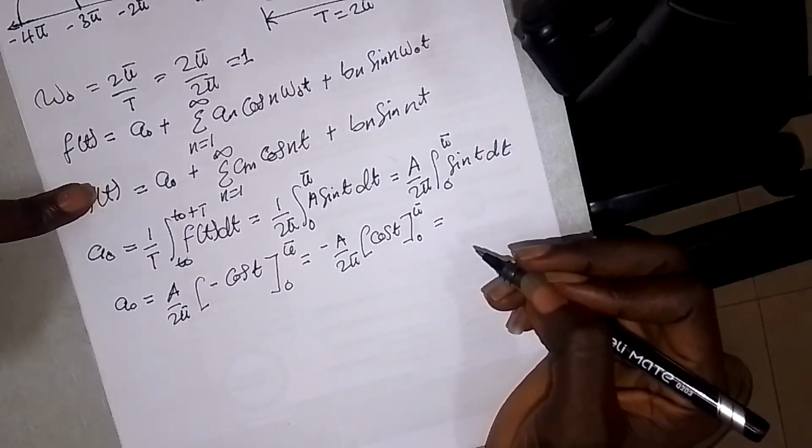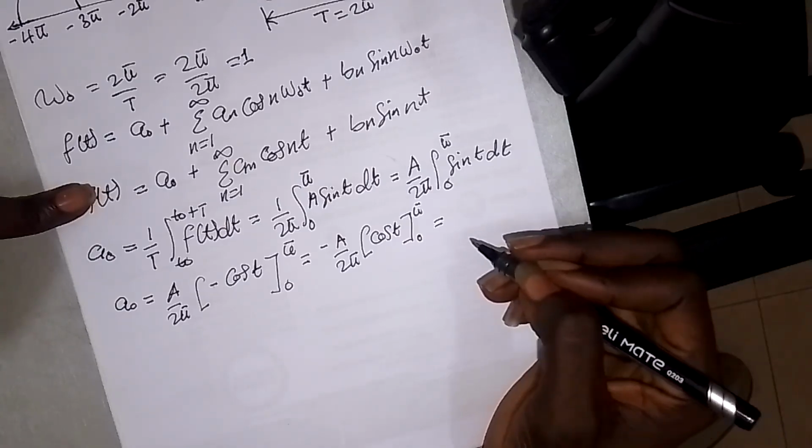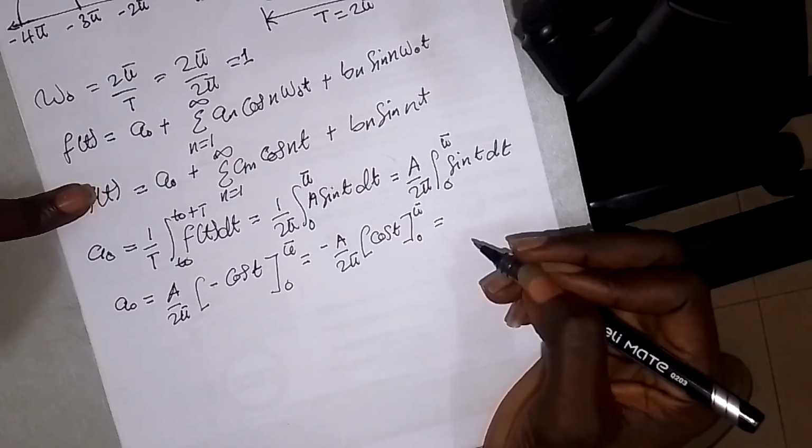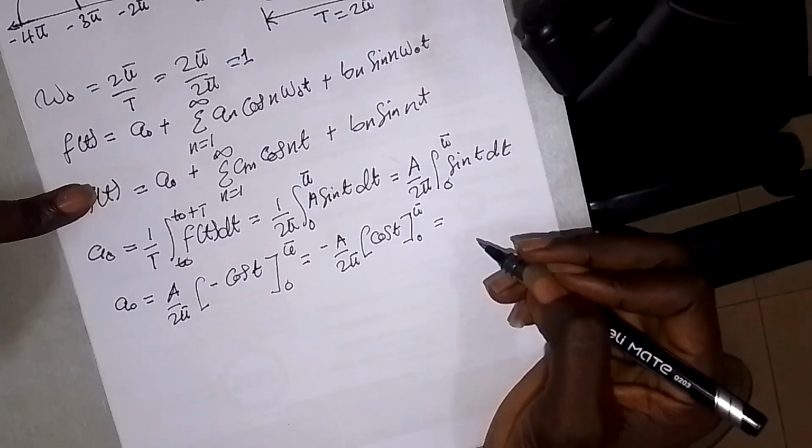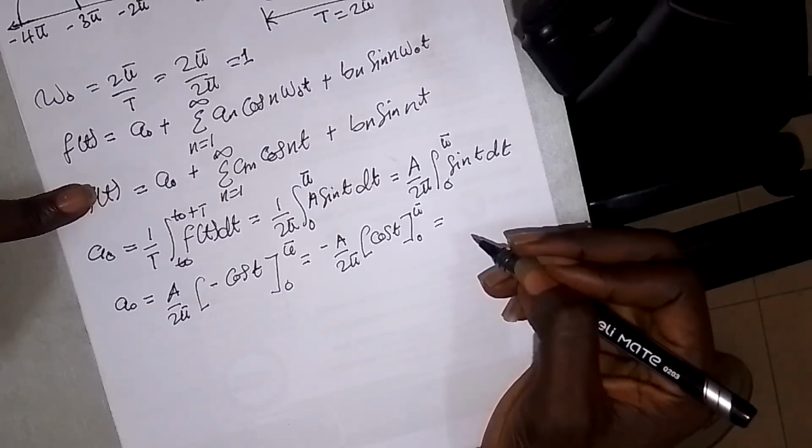Cos pi is minus 1. And what is cos 0? Cos 0, we know it to be positive 1.